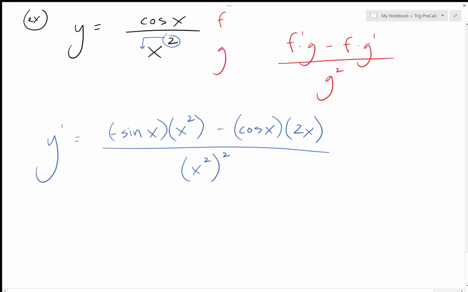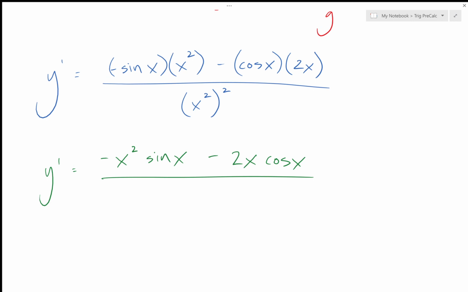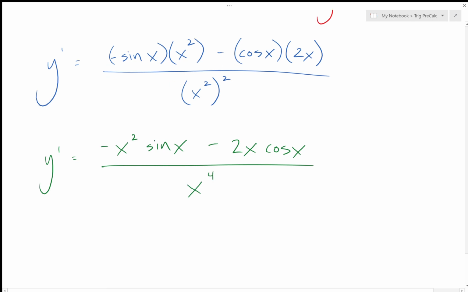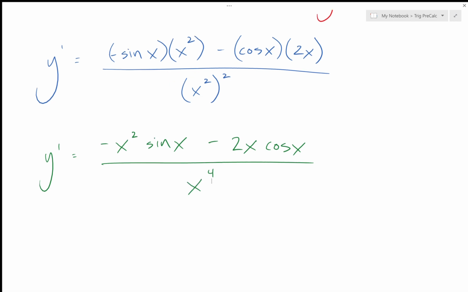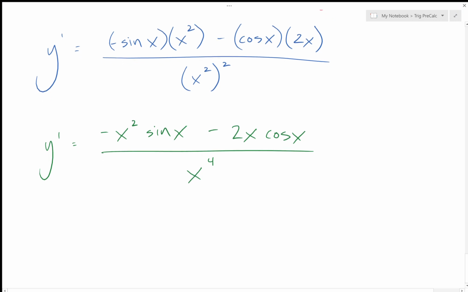So not too bad. So for the derivative, we just go ahead and rearrange the terms. That's negative x squared sine x minus 2x cosine x over, this is x to the fourth. Alright. Now that is a good answer for now. There is a little bit of reducing that we could do.